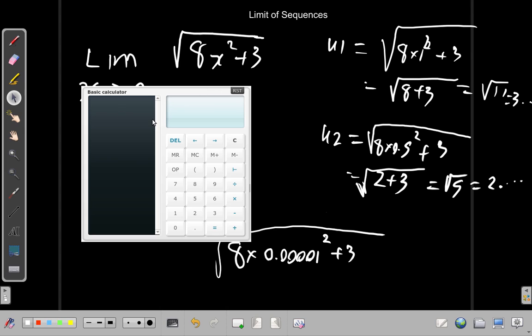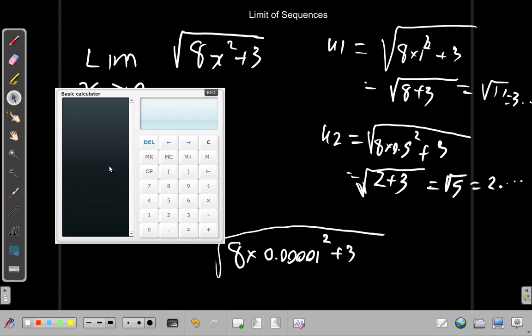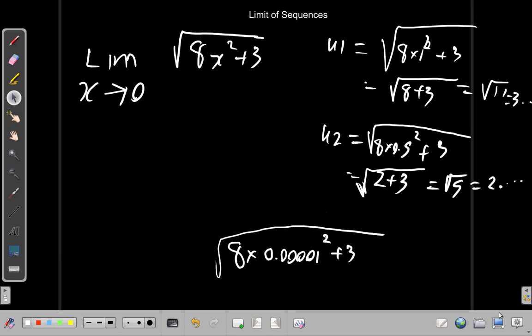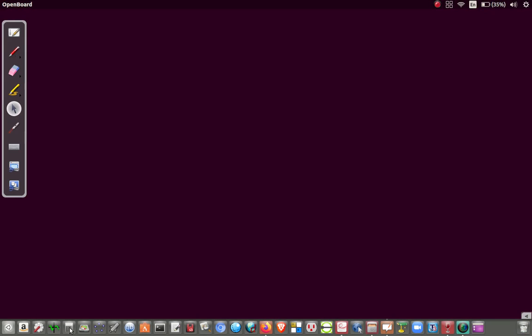8 times this. So we have 0.00001, with 4 zeros and a 1. This calculator isn't really giving me a good answer. Let me try a different calculator.